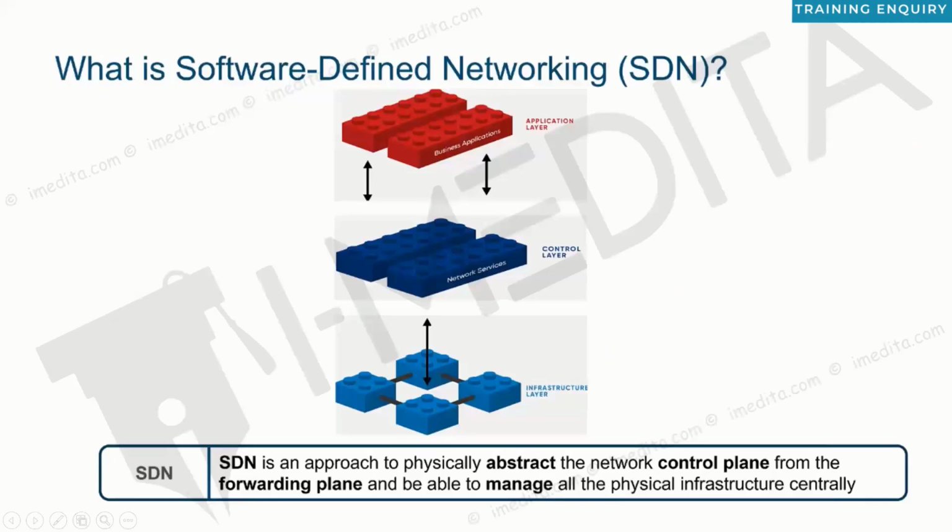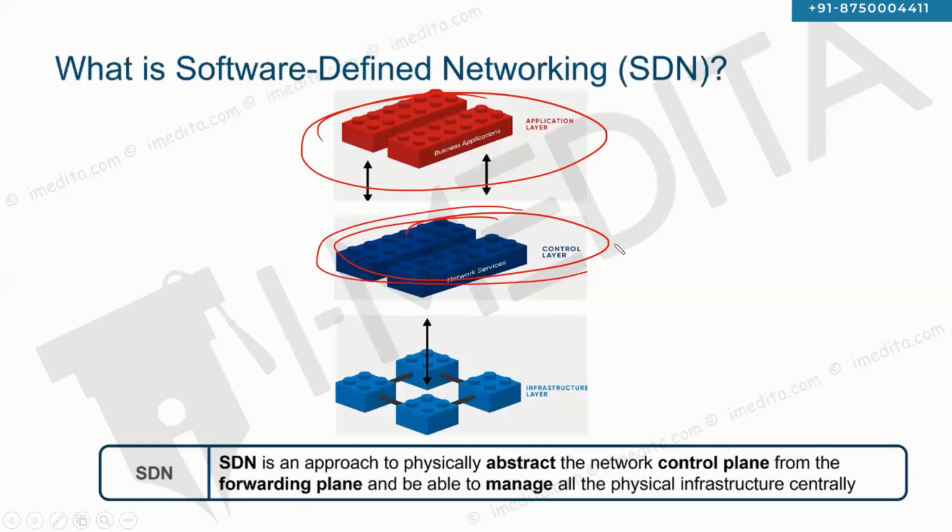Now, when we talk about software-defined networking, basically what you have done is you are segregating things. Earlier, we had everything on a single device, especially the control plane and the data plane. But here in SDN, we have one application layer, business applications, and they have abstracted the control plane from the forwarding plane or data plane devices.